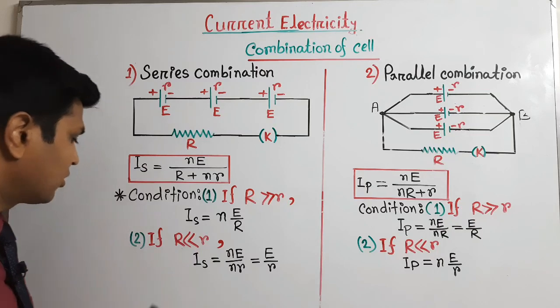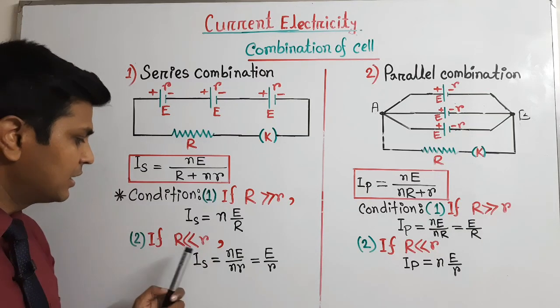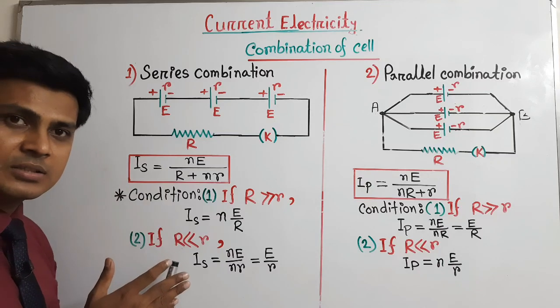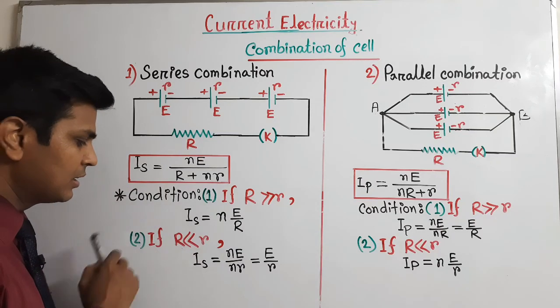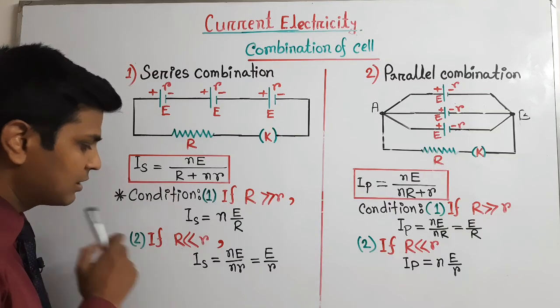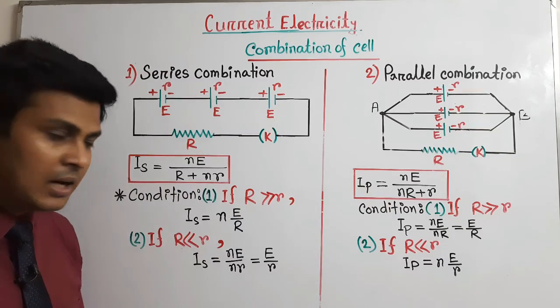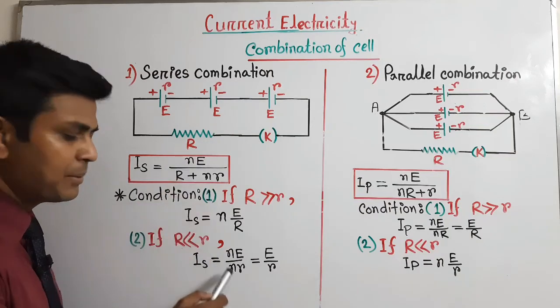Now let's see the second condition. In the second condition, consider that the internal resistance is greater than the external resistance, that is, small r is greater than capital R. In that condition, we can neglect the value of capital R. So we have only nE divided by nr.